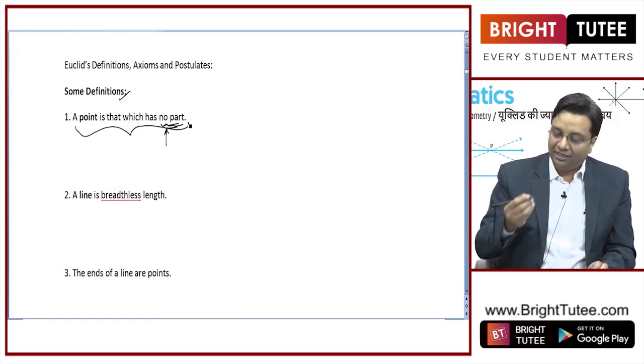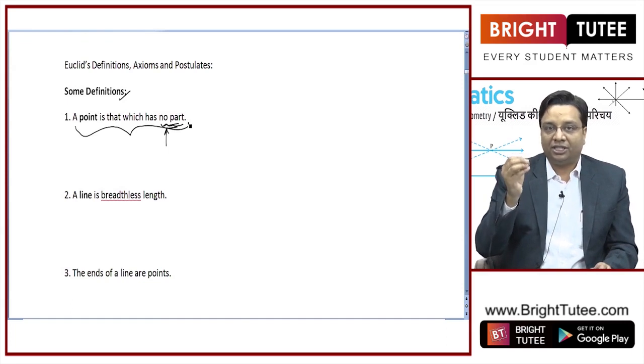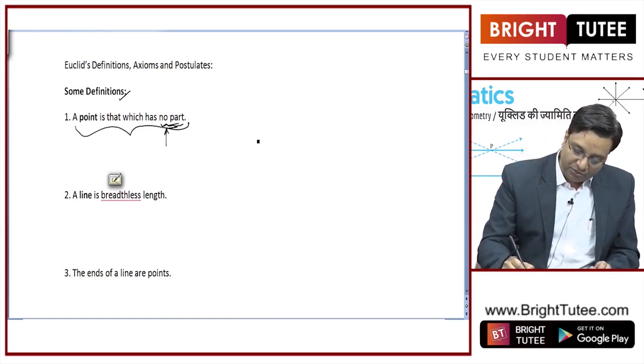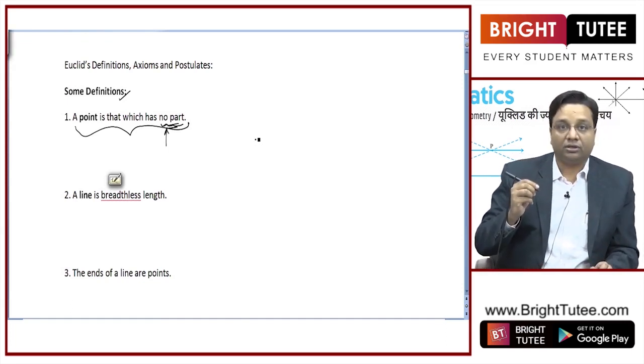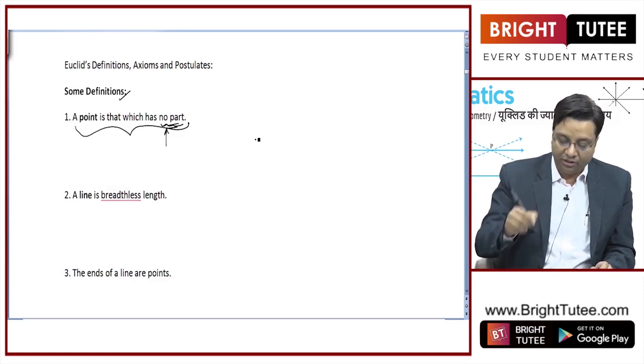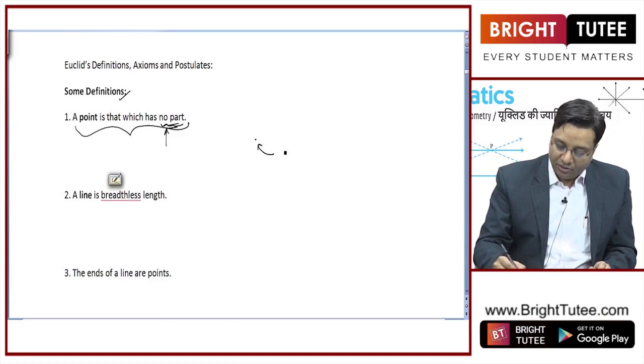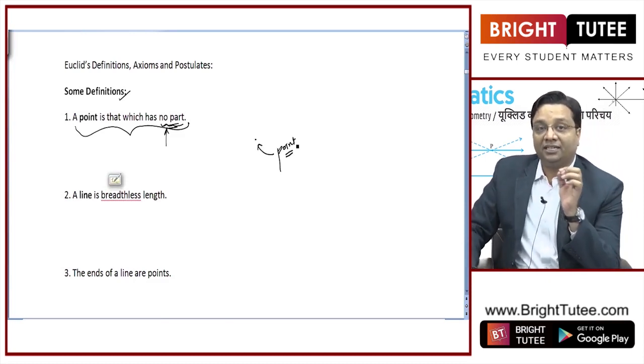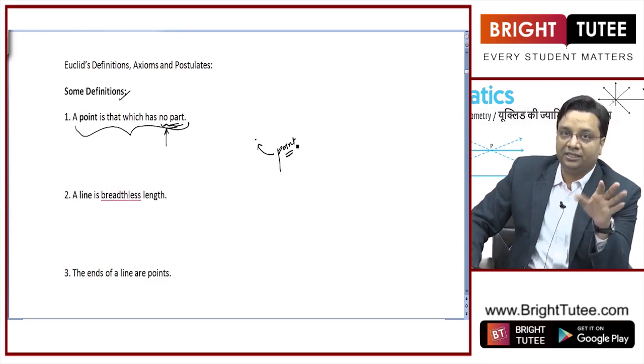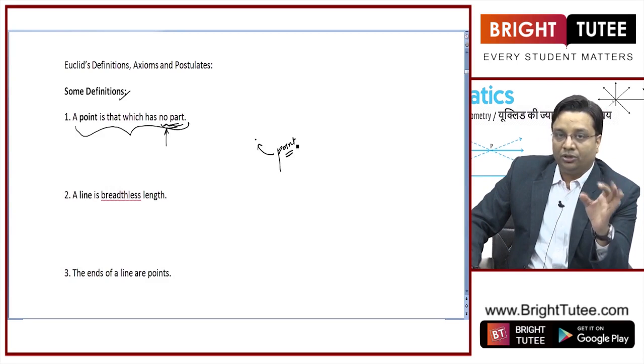But we know that if you have a pencil with a sharp tip and you make a dot on a sheet of paper, then this is known as a point. But you cannot draw the point exactly on a piece of paper. However small the point you draw, it will have certain dimensions.